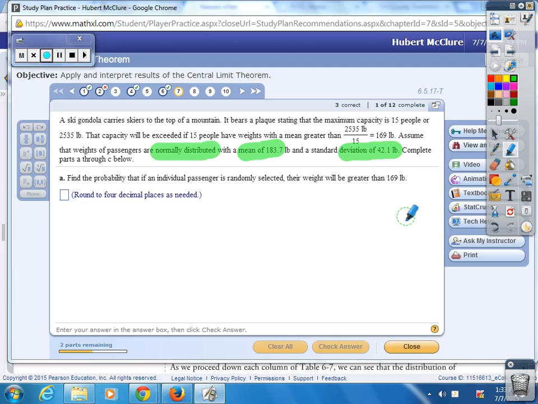Now somebody tell me, the way that A is worded, is that 6.3 or 6.5? .3, good. Because it says greater than. So go ahead and do your 6.3 stuff.